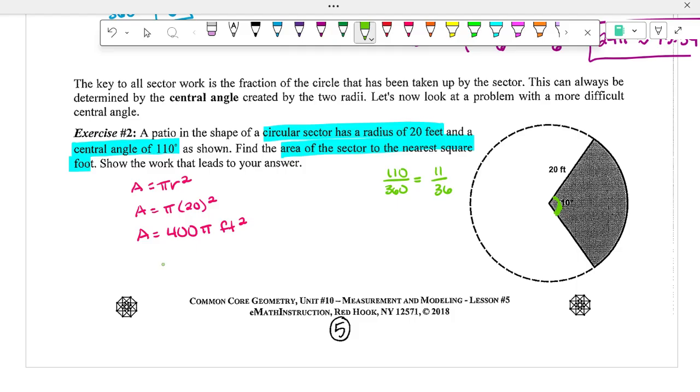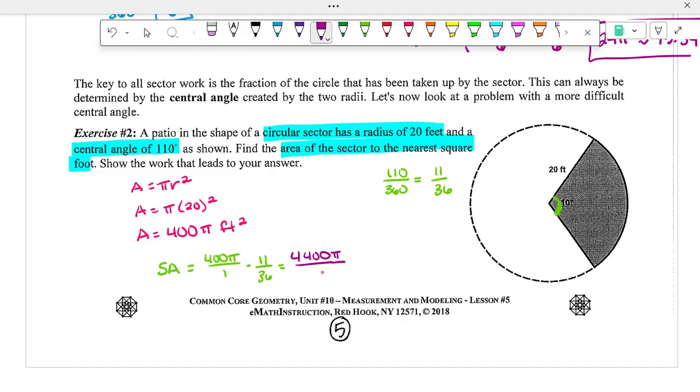Now, in order to find my sector area, my total area is 400 pi. I want to find 11/36 of it. How would I do that? 400 pi over 1 times 11 over 36. So do 400 times 11. 4,400.